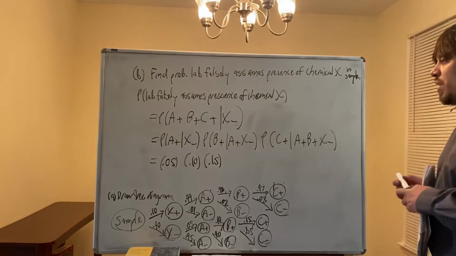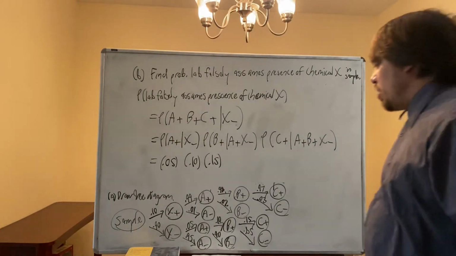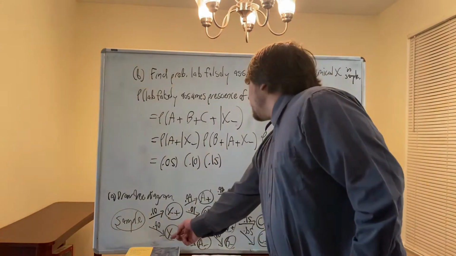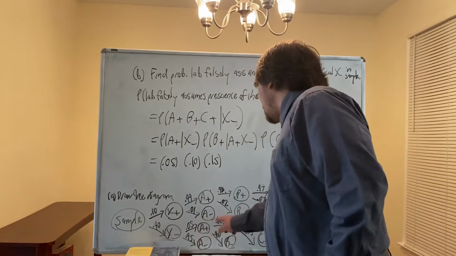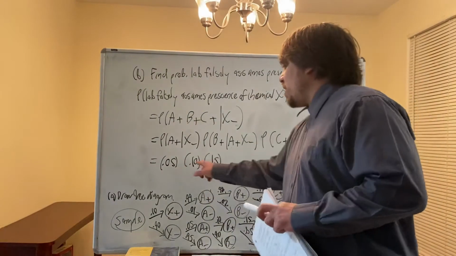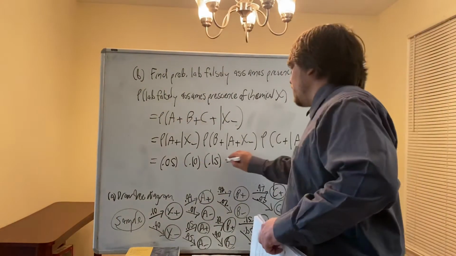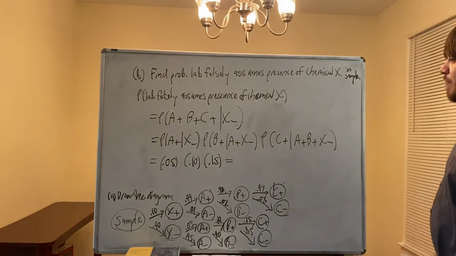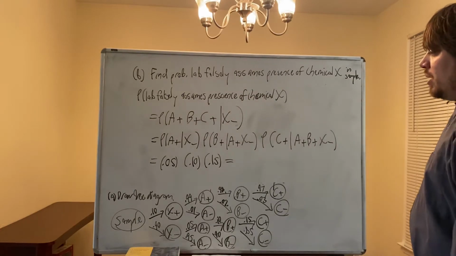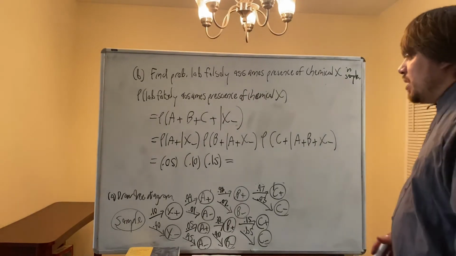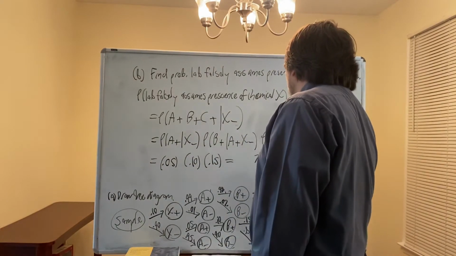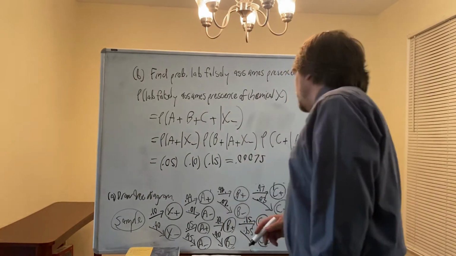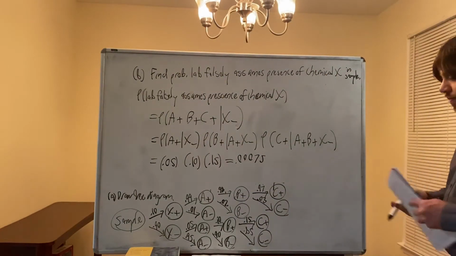Okay, so it's just a product. So the probability that these three things come back positive, given that chemical X is not in the sample, is this times that times that. So it's 0.05 times 0.10 times 0.15, and that's 0.00075.